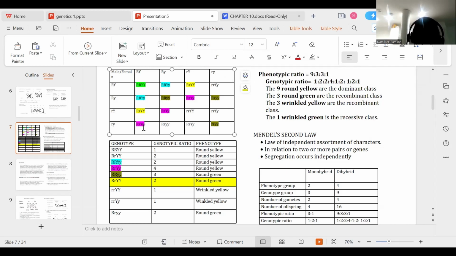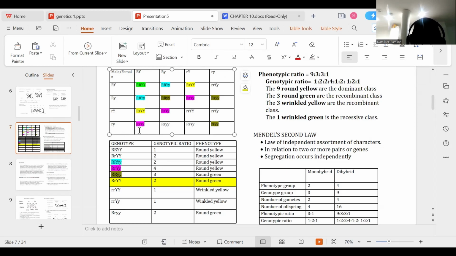Okay, let me see. Capital R, small r. Capital R, small r. Capital Y, small y. Okay. This also. I think I need to rectify a lot of things. Capital R, small r.